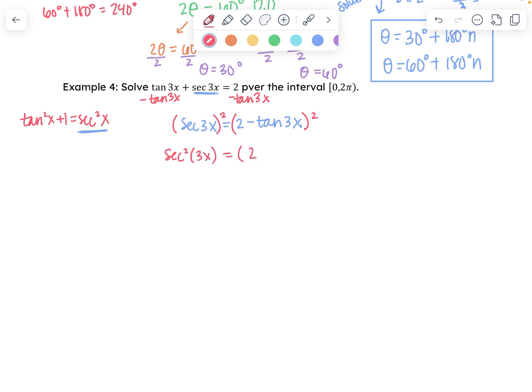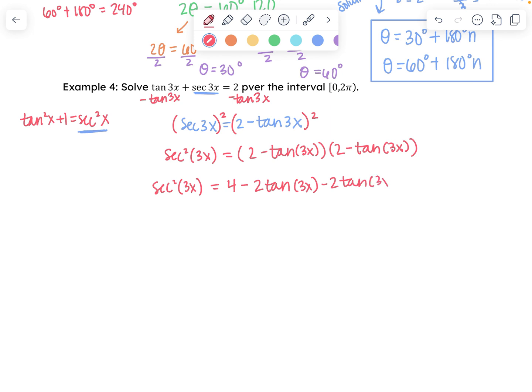And then over here, I've got to write it twice and FOIL it out. So secant squared of 3x is equal to, well, first times first is 4, then minus 2 tangent 3x minus 2 tangent 3x for outside and inside, and last times last is plus tangent squared 3x.